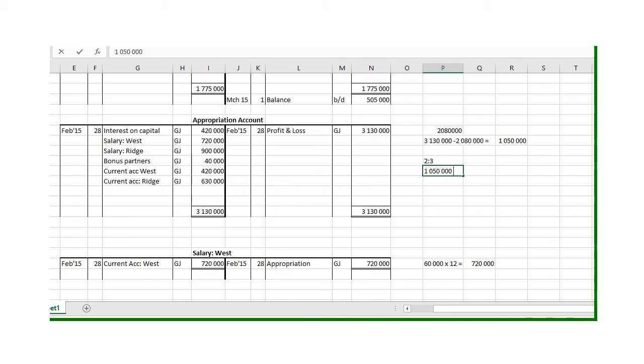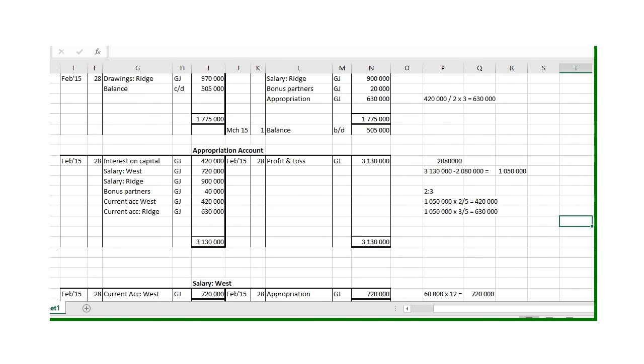So 1,050,000 times 2 divided by 5 gives me 420,000. The other one will be getting 3/5, so times 3 over 5, and that gives me 630,000. So if I get the information in this way, where they don't give me the portion but they give me the profit, that is how I will calculate it.